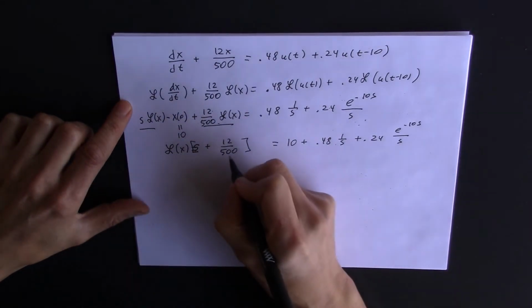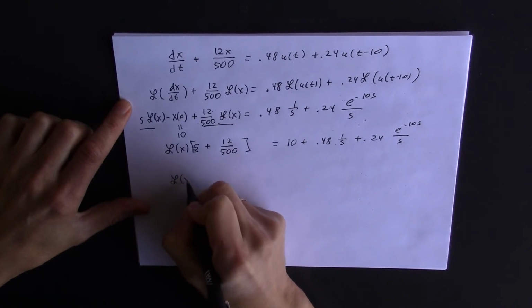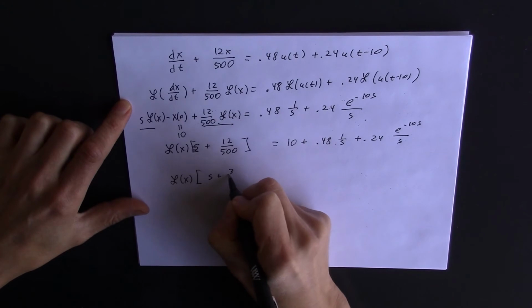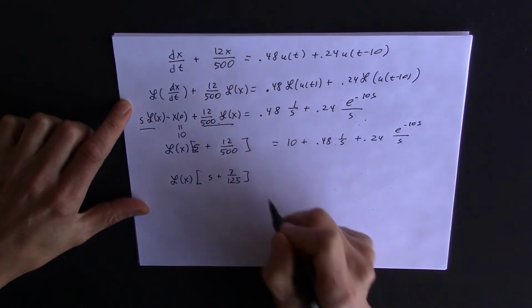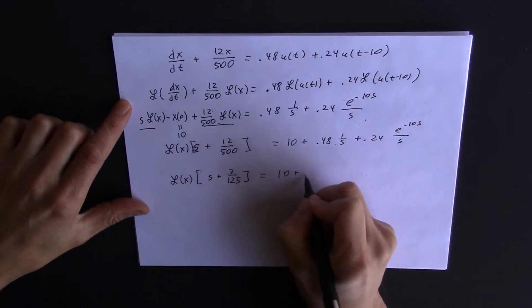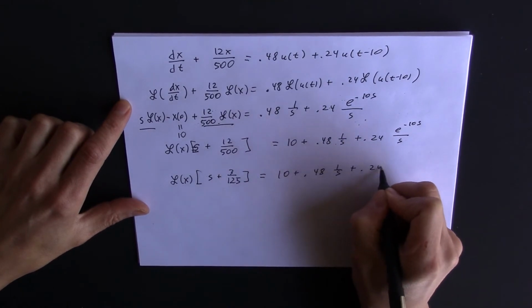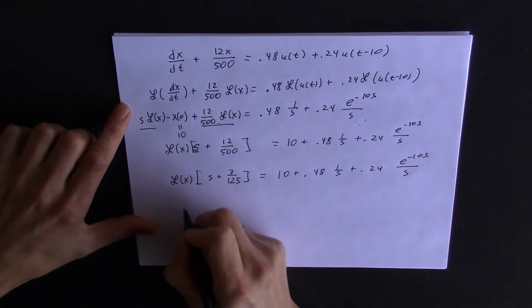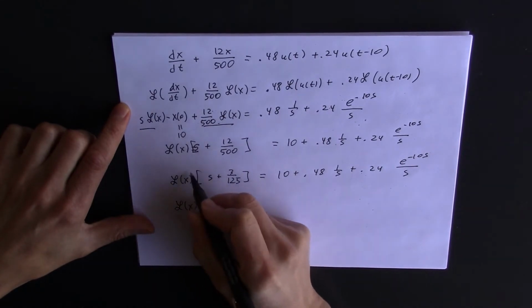I will reduce 12 over 500, and I'm going to write down L of x times (s + 3/125). So I'm going to divide top and bottom by 4: equals 10 plus 0.8 times 1 over s plus 0.24 e^(-10s) over s. Now to find Laplace of x, we're going to divide both sides by its coefficient.